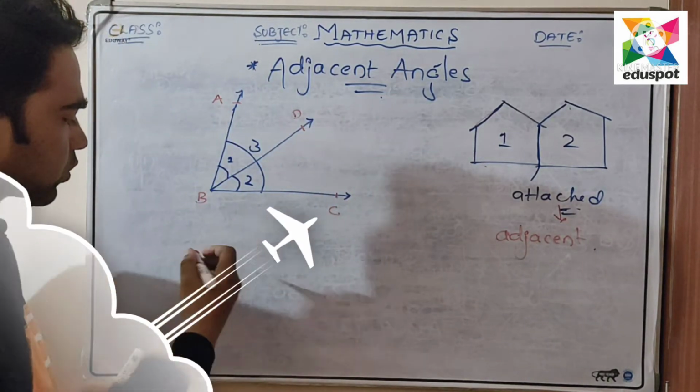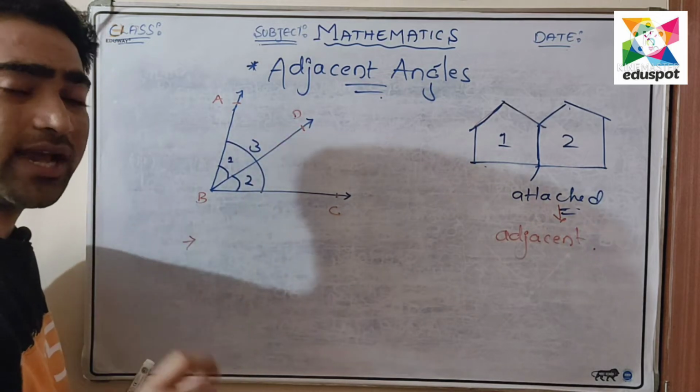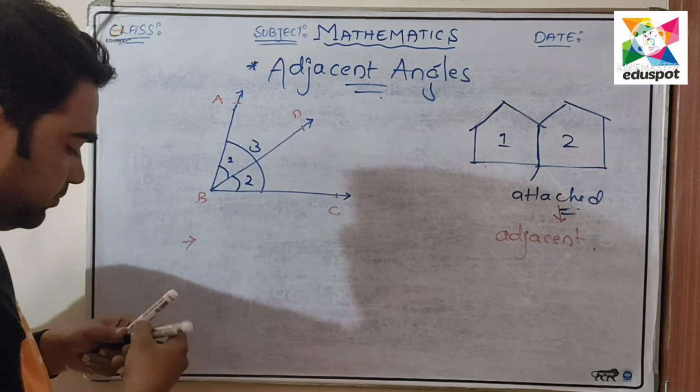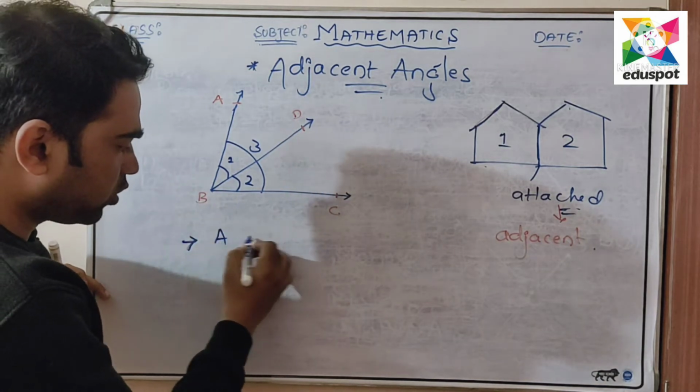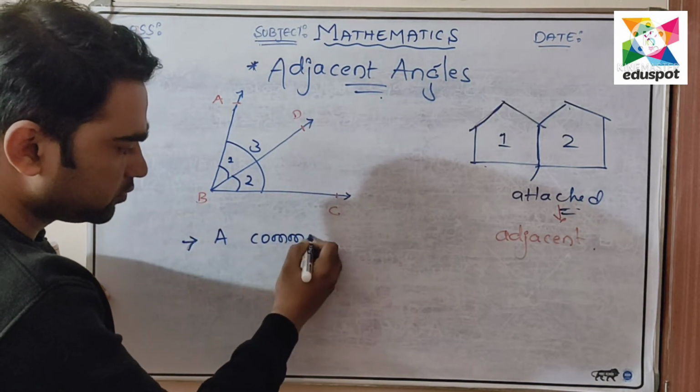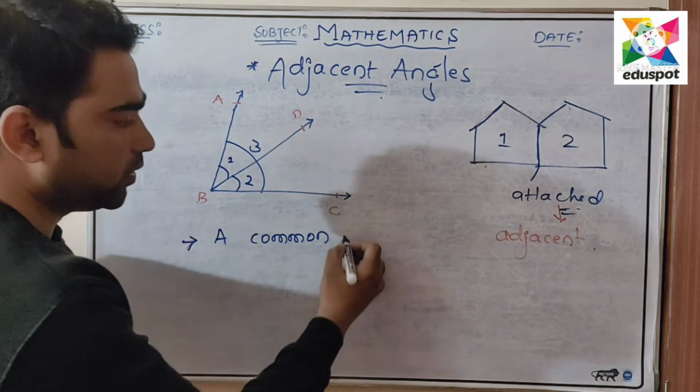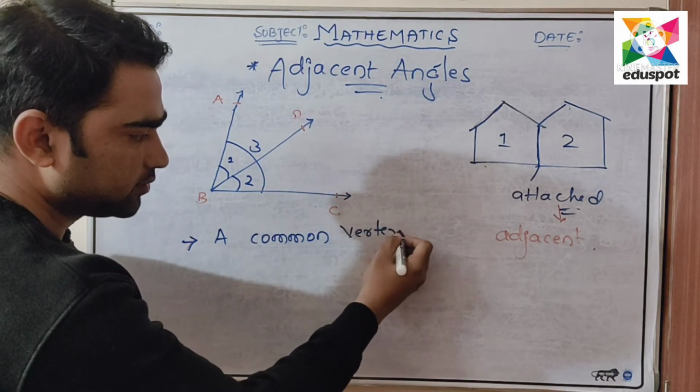The first rule: if two angles are said to be adjacent angles, they have a common vertex.